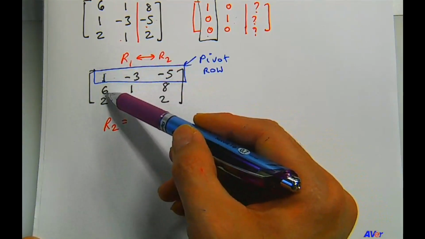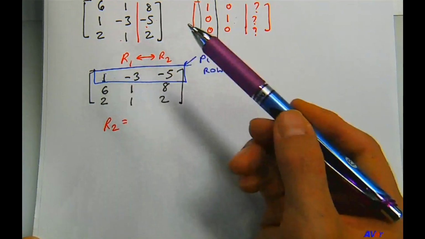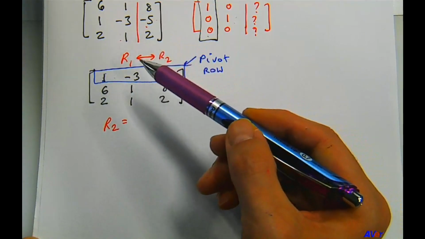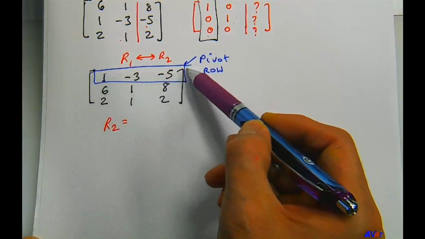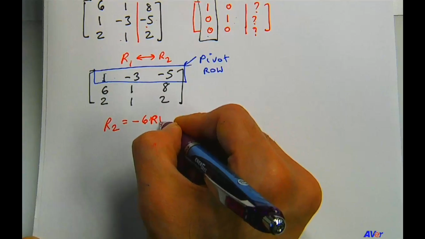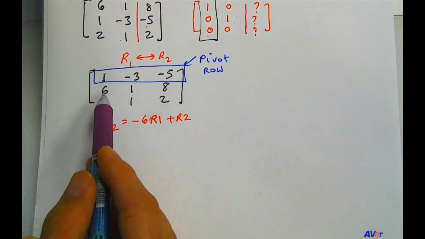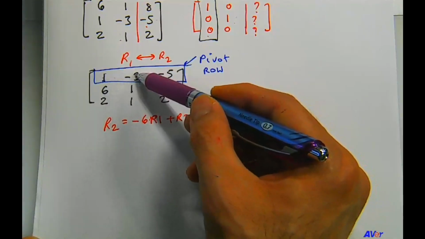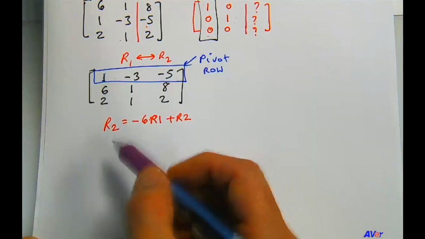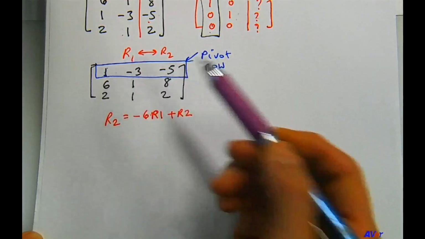Well, all we need is to add a -6 to this, and we're going to get a 0. But where is the -6 going to come from? It's going to come from multiplying the pivot row by -6: -6 row 1, plus row 2. That's going to give us a 0 in that spot, and we have to then do the same thing to all these numbers in the other columns. So how are we going to get the 2 converted to 0?